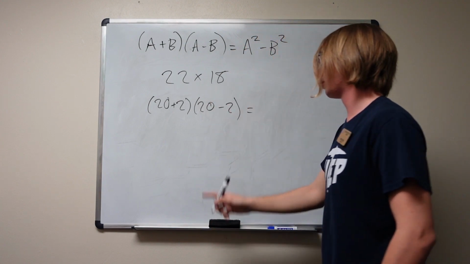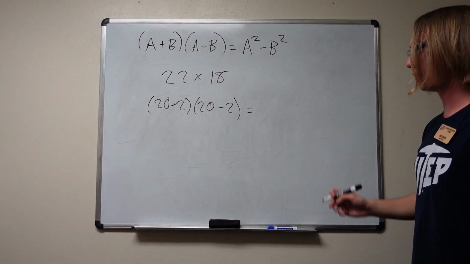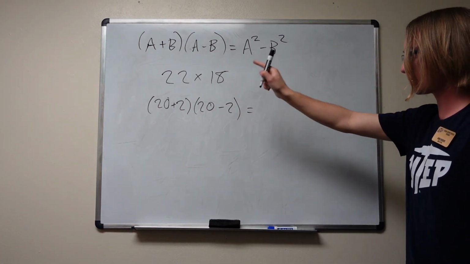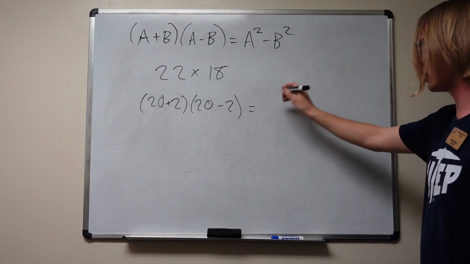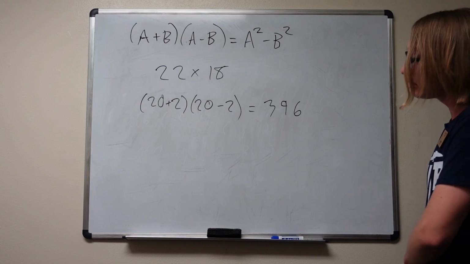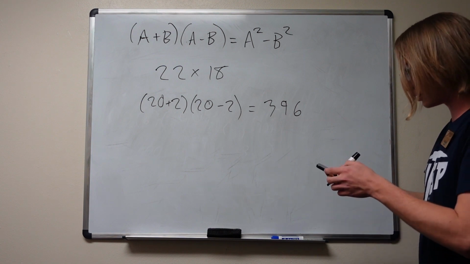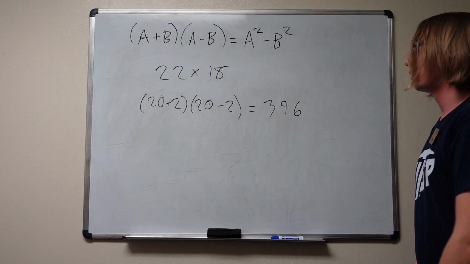Essentially 20 squared, which is 400, minus 2 squared, which is 4. 400 minus 4 is 396. So 22 times 18 is 396. And that's correct.